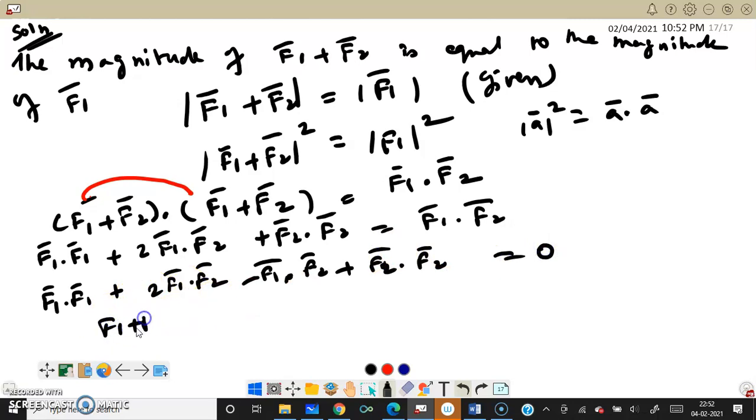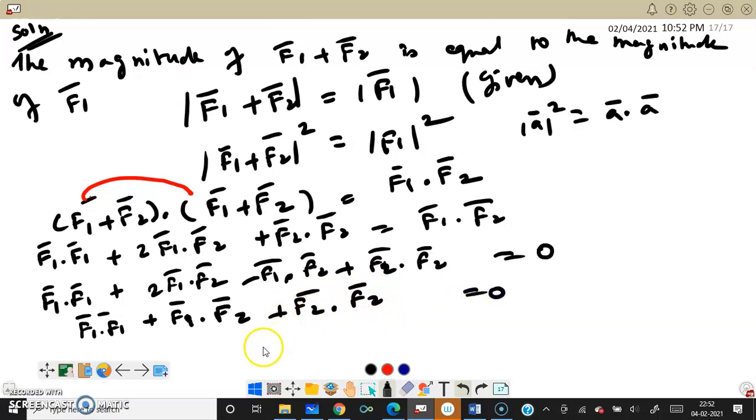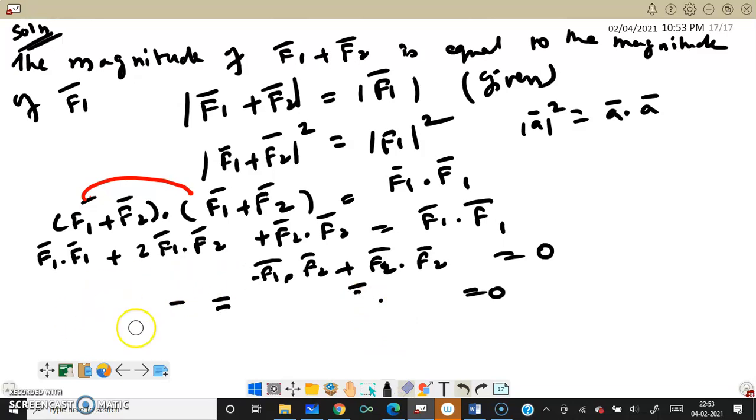Something wrong, it should be F1 dot F1 on the right side. Oh, mistake, sorry.